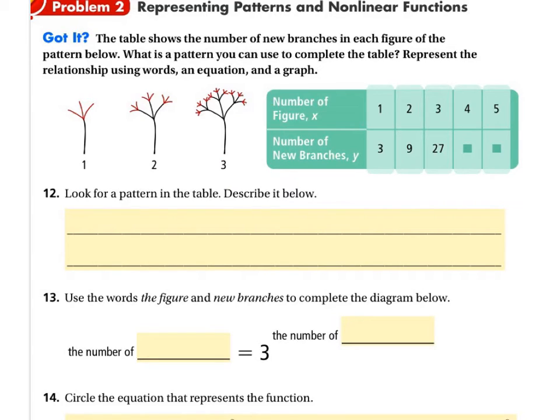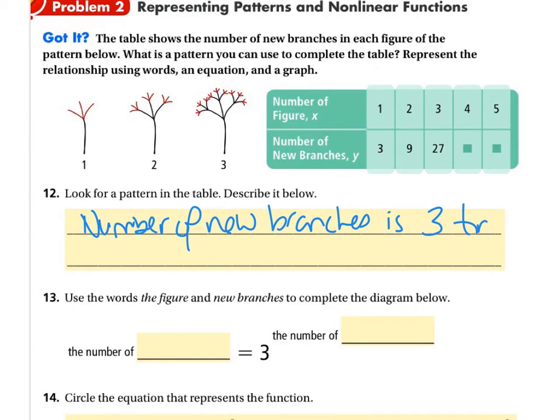Okay, well, the pattern in the table is that the number of new branches is 3 times the number of branches in the previous figure.